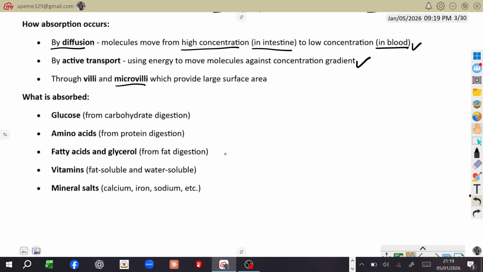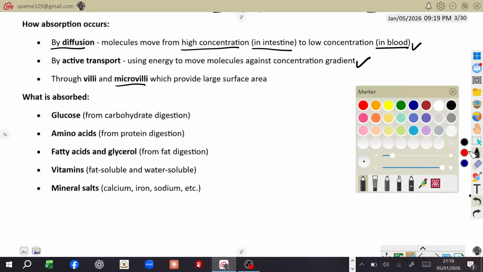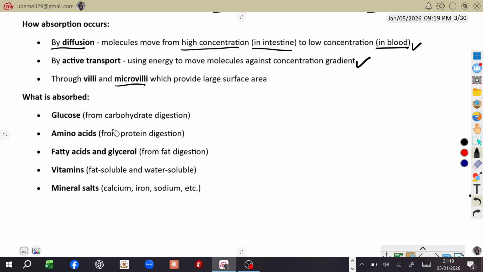Now, what is absorbed, ladies and gentlemen? Number one, glucose from carbohydrate digestion. Then amino acids from protein digestion. Then fatty acids and glycerol from fat digestion. Then vitamins, from fat soluble and water soluble molecules.